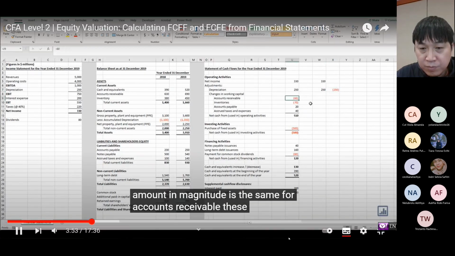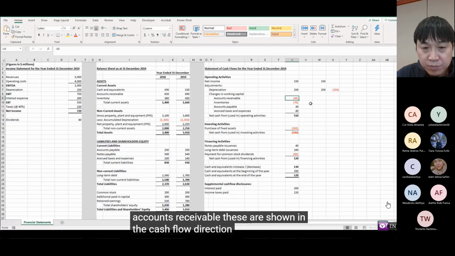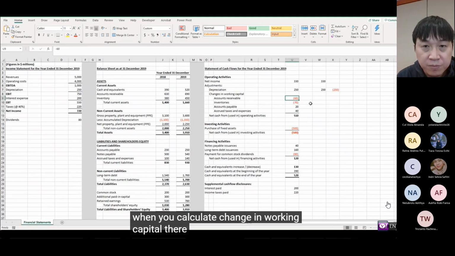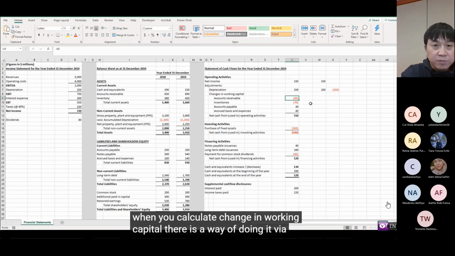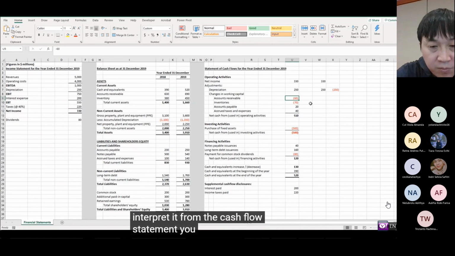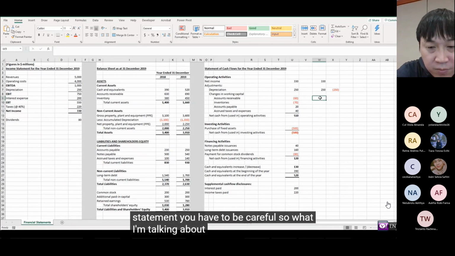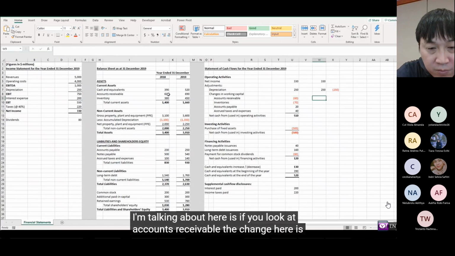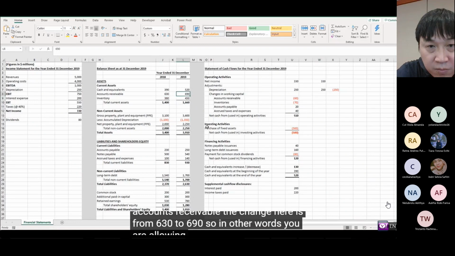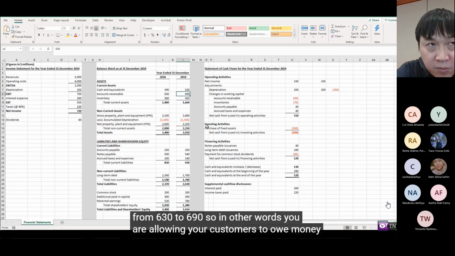For accounts receivable, these are shown in the cash flow direction. So be careful when you calculate change in working capital. There is a way of doing it via the balance sheet, and when you interpret it from the cash flow statement, you have to be careful. So what I'm talking about here is, if you look at accounts receivable, the change here is from 630 to 690. So in other words, you are allowing your customers to owe money.